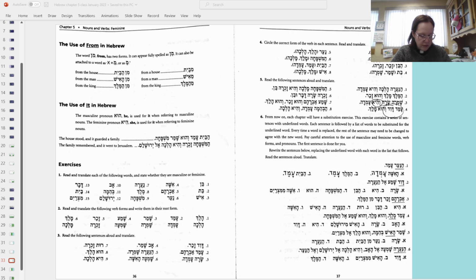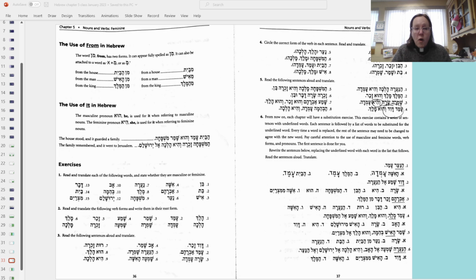All right, in that second exercise, we have: read and translate the following verb forms and write their root letters. So number 1, we have halak and halka. And the root letters would be hey, lamed, kaf, right?